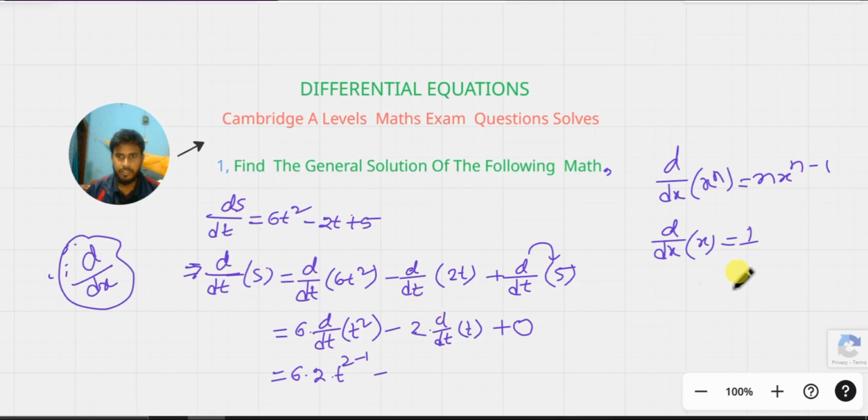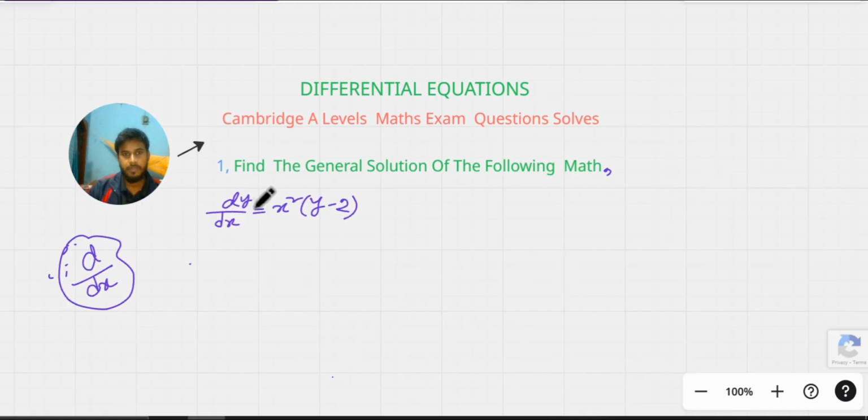So this function and that function are similar, so the result will be 1. So we can write 2 into 1 plus 0. 2 times 6 times 2, that means 12, and 2 minus 1, that means 1, so 12t, minus 2 into 1, that means minus 2. So this is the final result of this function.